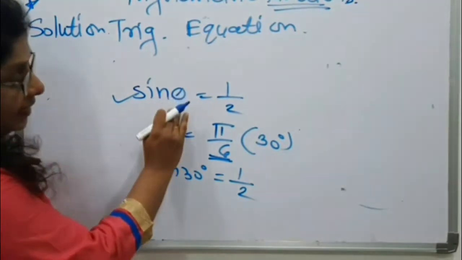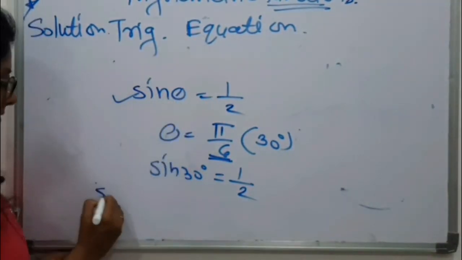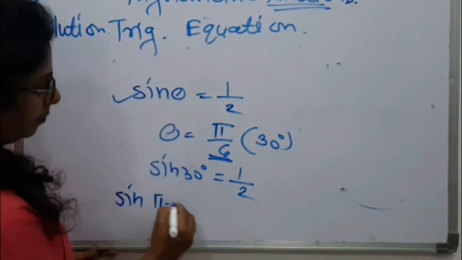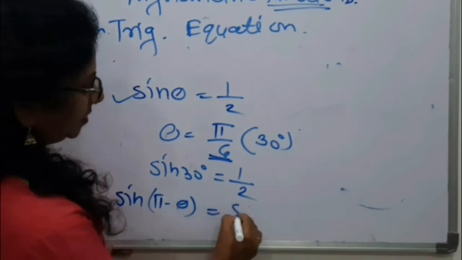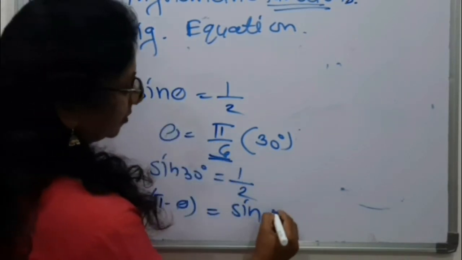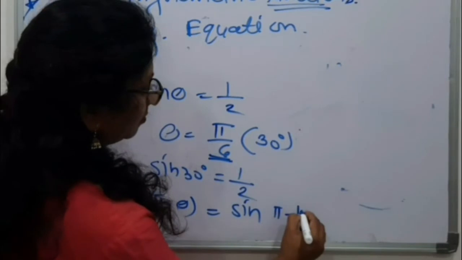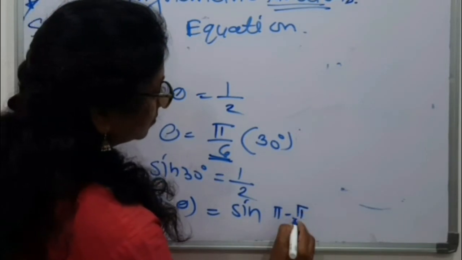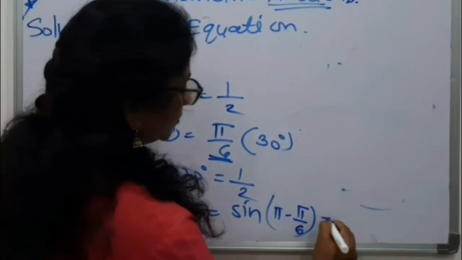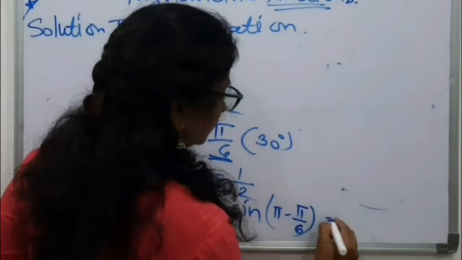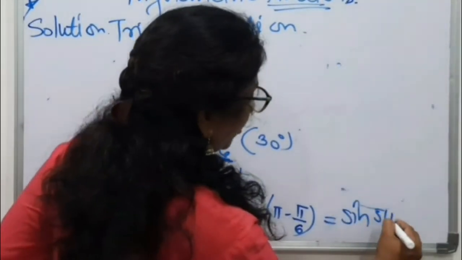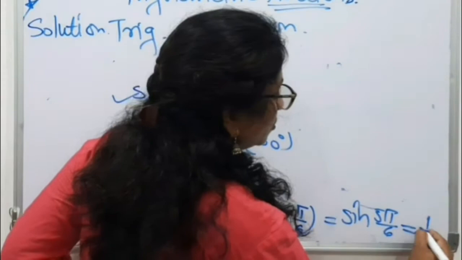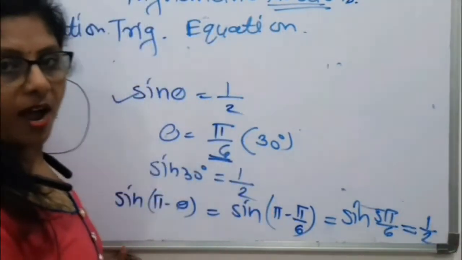But at the same time, if we find sin(pi minus pi by 6), simply sin 5 pi by 6 is also equal to half.